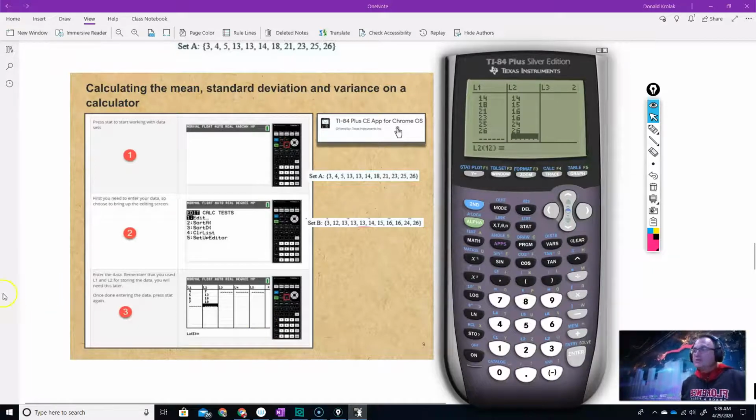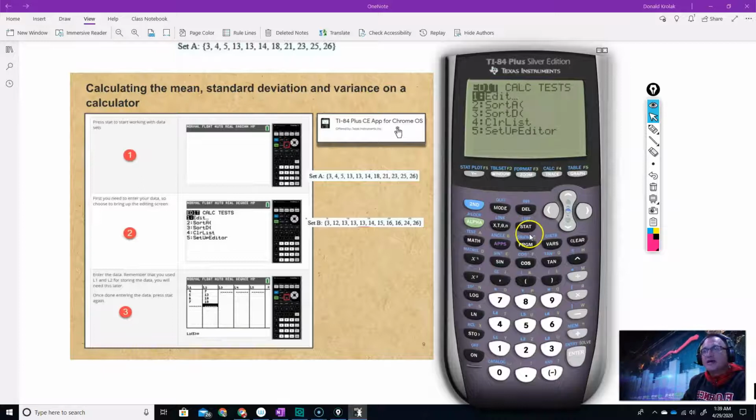Now, once you're done entering the data, so this is list 1, this is list 2, we're going to press Stat, and we're going to go over to Calculate, and we're going to choose one variable statistics.